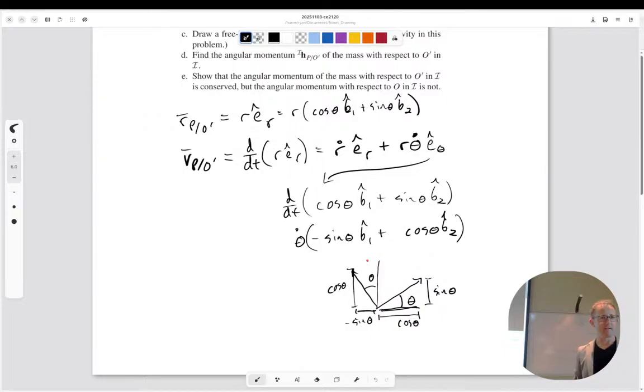That one's kind of weird, but it is pretty cool. The derivative with respect to theta of sine and cosine just rotates it by 90 degrees. And it happens to do that because sine and cosine are 90 degree phase changes from each other.